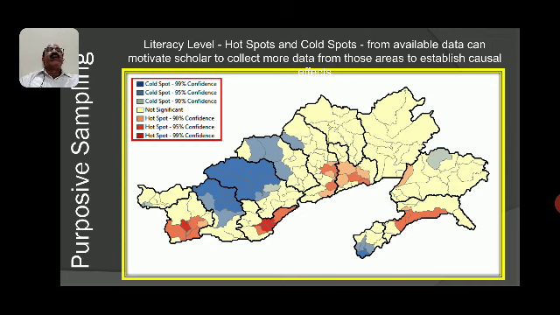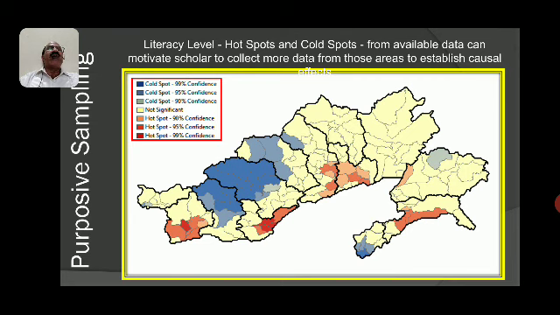That means hotspots are those on the higher side. Then the blue are the cold spots. So accordingly, I can concentrate more samples on those areas. Why is the literacy high? What are the factors contributing to it?